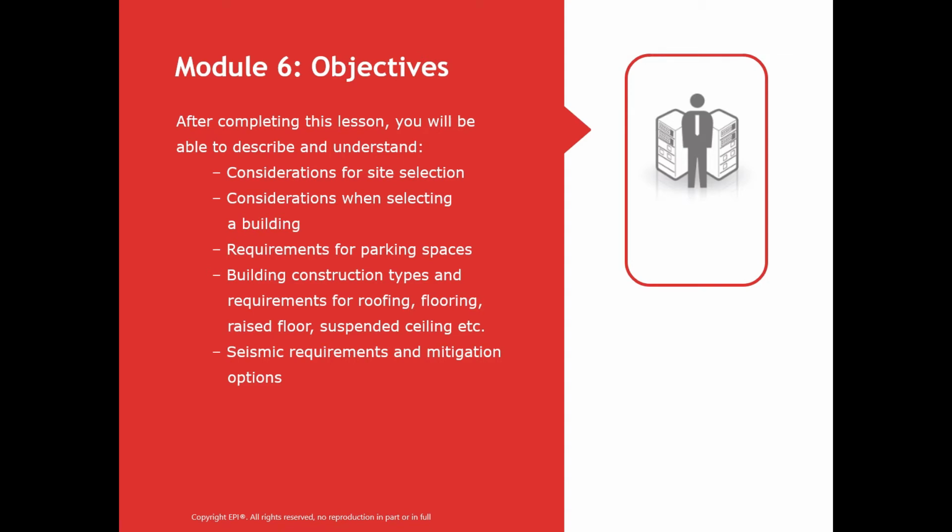TIA will also give you considerations around selecting an appropriate building or building a greenfields data center. There will be various architectural elements around car parking, building construction types, roofing, floor loadings, whether you use a raised floor system or not, or a suspended ceiling.